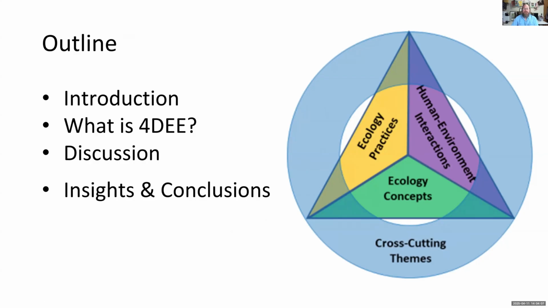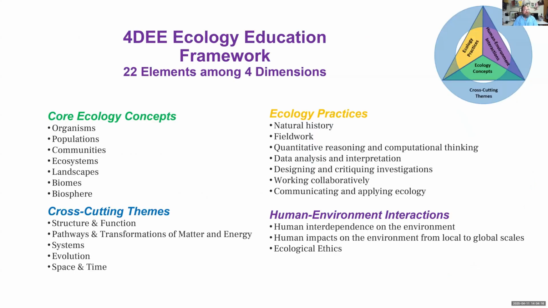So why don't we get going and consider 4DE in the context of both environmental science and ecology? The key thing to note is that the framework was originally built around ecology. I think the easiest way to think about this is through the concept of ecological literacy. What would we want an ecology student to be able to know and do by the time they completed a course or perhaps even a degree?